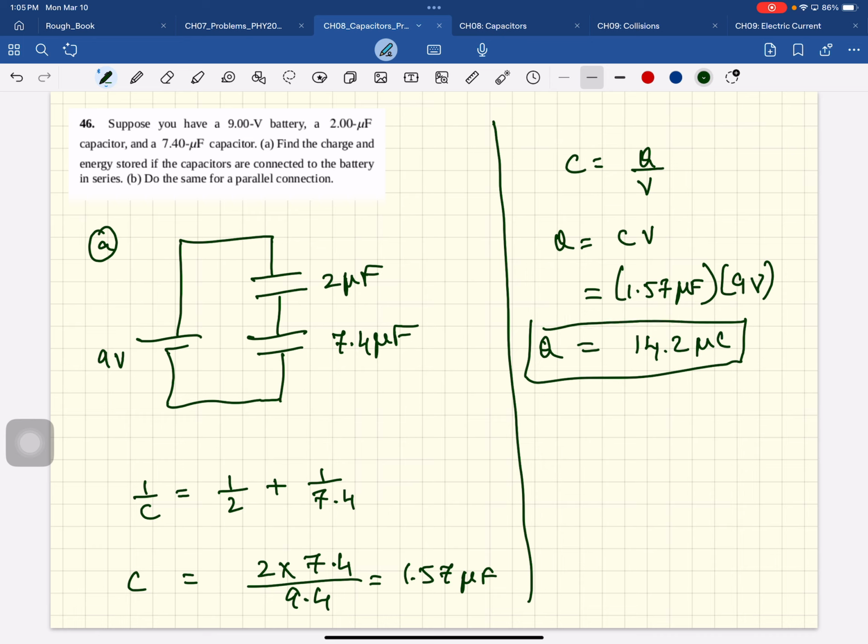And the energy stored is 1/2 C V squared.